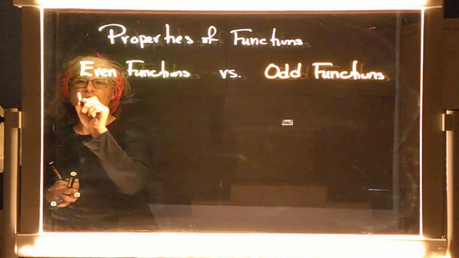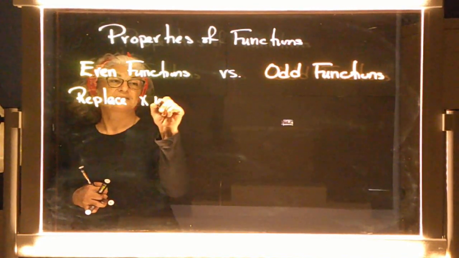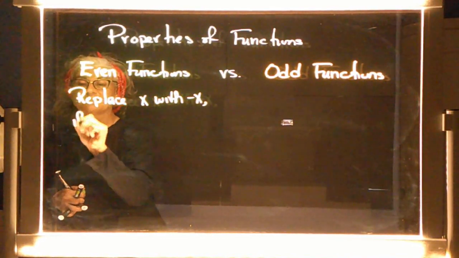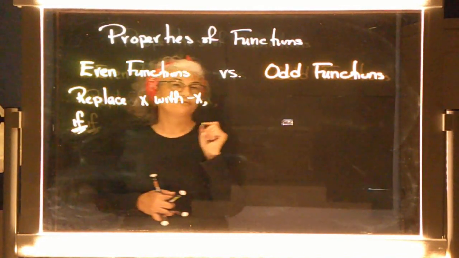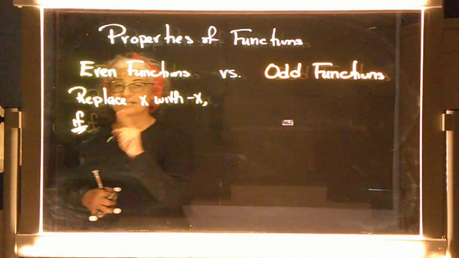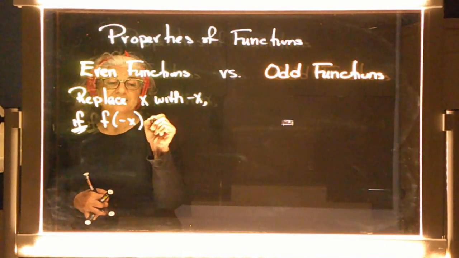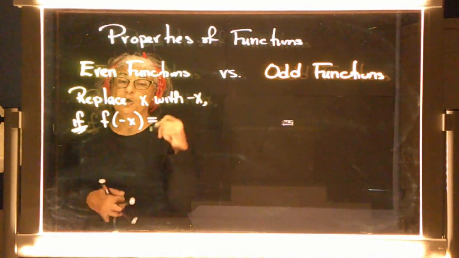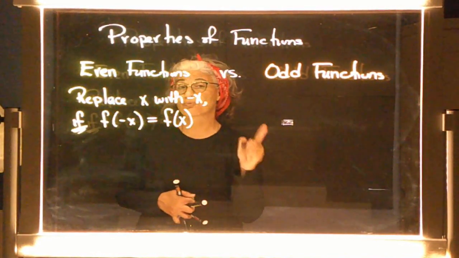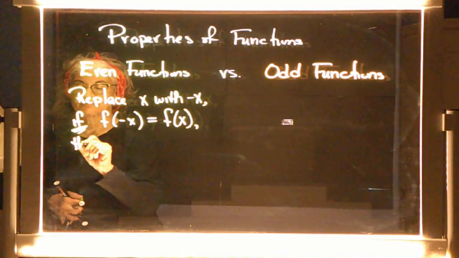So we are going to replace x with negative x. If you see an if, there's going to be a then, so these statements are very important. If f of negative x is actually equal to or the same as f of x, which was the original function, then.